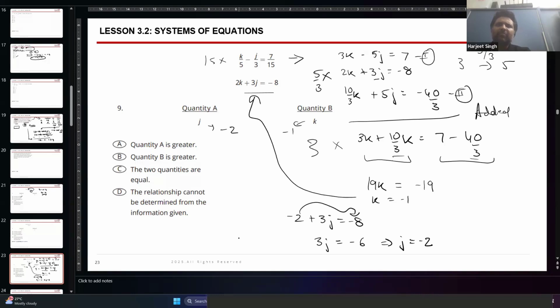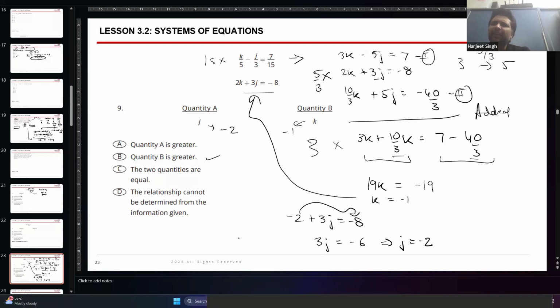So obviously B is greater than A. Whenever there are fractions in an equation, take the LCM, get rid of the denominators, and then use combination so that one variable is immediately eliminated.